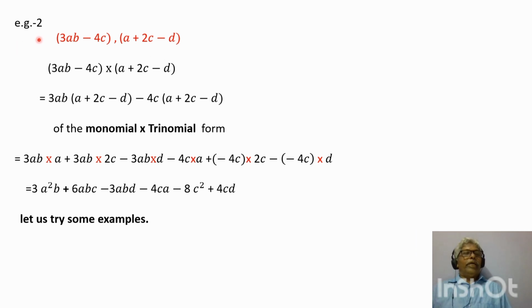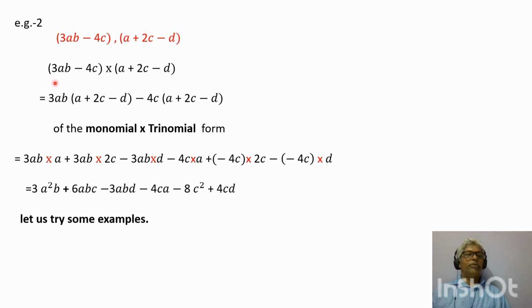Another example, example 2. Take this binomial into bracket: 3ab minus 4c. Another bracket is a plus 2c minus d. To multiply this, it is 3ab minus 4c in one bracket into a plus 2c minus d in another bracket.